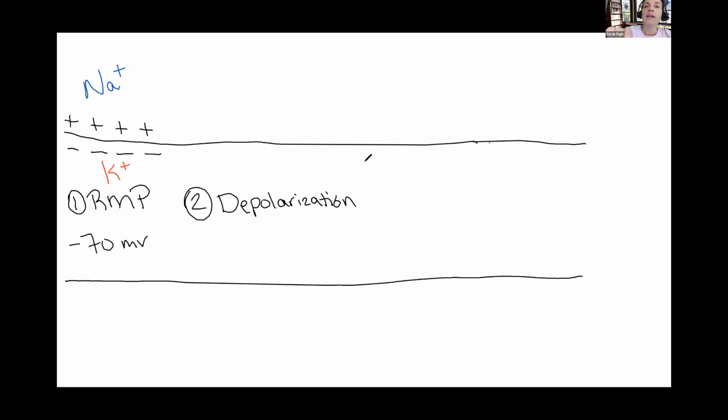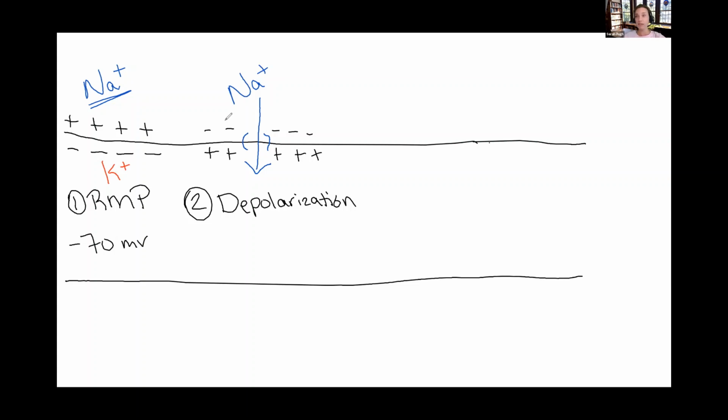And again, if sodium channels are open, if I just put a little opening right here, remember we have more sodium outside the cell. So it's going to move from high to low. So sodium is going to move into the cell. Sodium has positive charge. So that is going to make the inside now become more positive. And the outside becomes more negative.